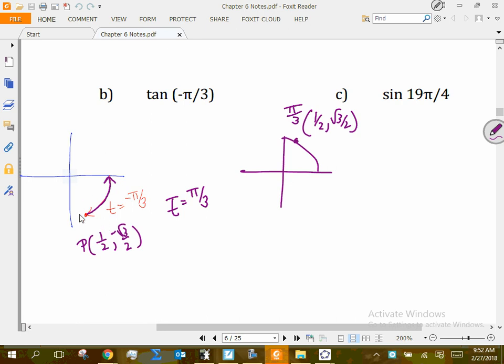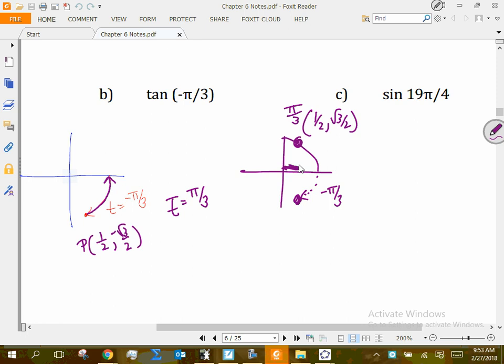Think about this, guys. If I have negative pi over 3 as that point down there in the fourth quadrant, that arc would be negative pi over 3. Are that point there and that point there symmetric about the x-axis? Okay, so they're just reflections, right? So they both have an x distance of 1/2, right?